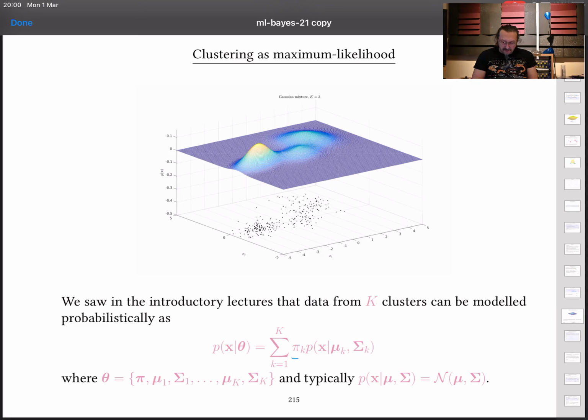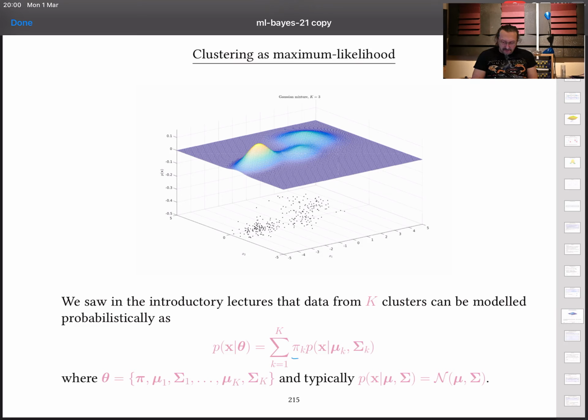Okay, and then for each of those k outcomes, I have a probability density p of x that models that specific cluster.